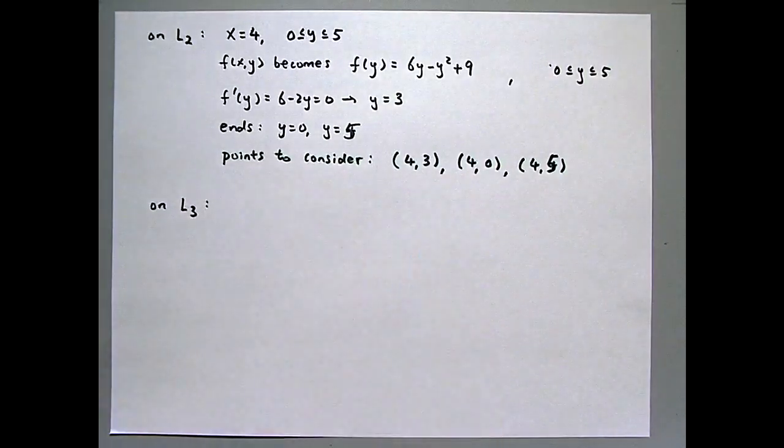Now we move to L3. On L3, y is a constant 5, and x is allowed to range from 0 to 4.